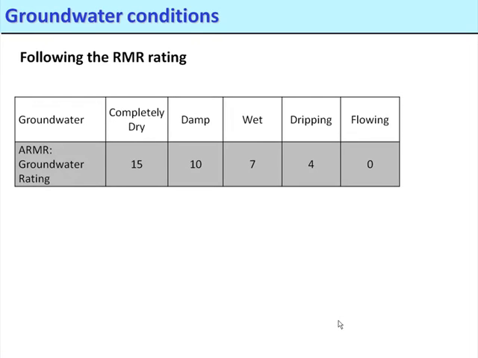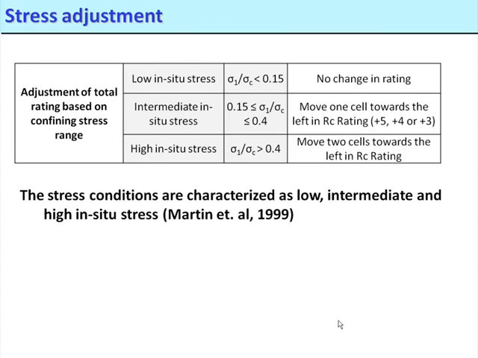Finally, for the groundwater conditions, similar to the RMR rating, from completely dry to flowing, we have a similar approach with a range between 0 and 15.